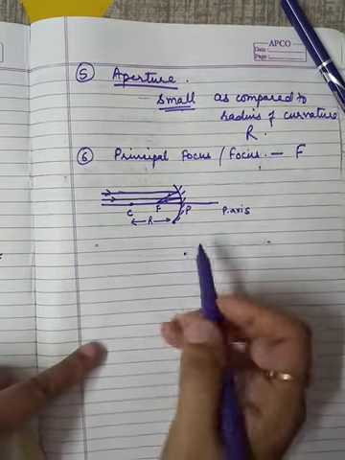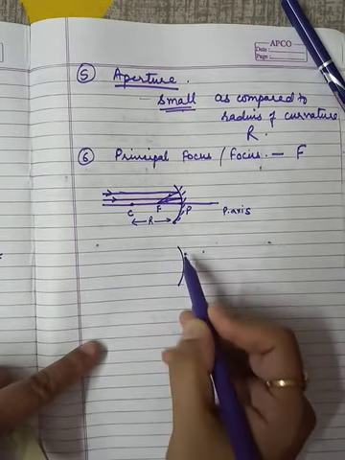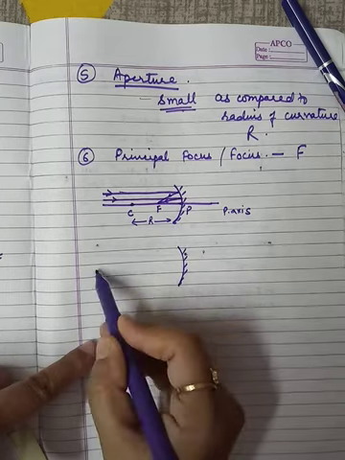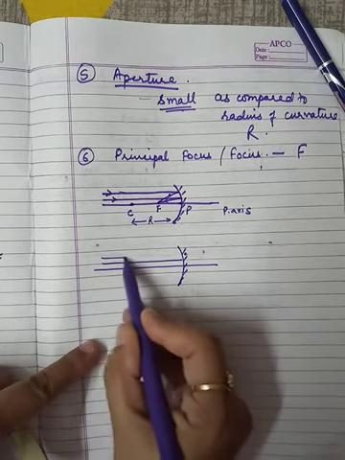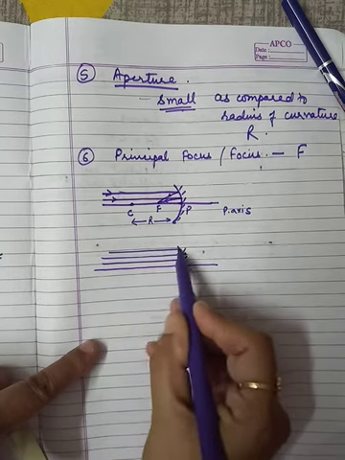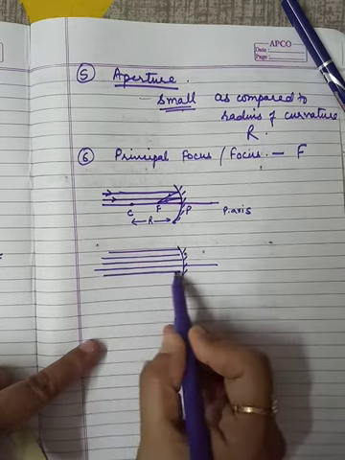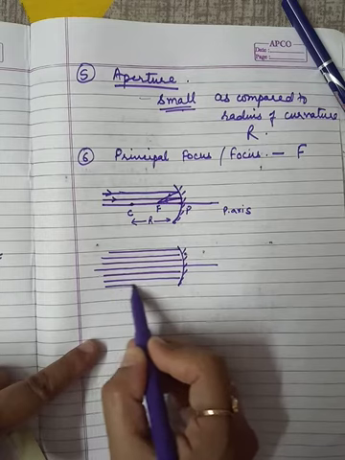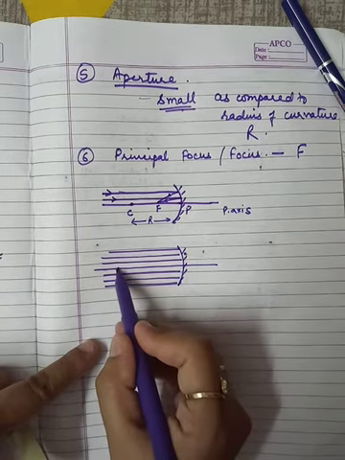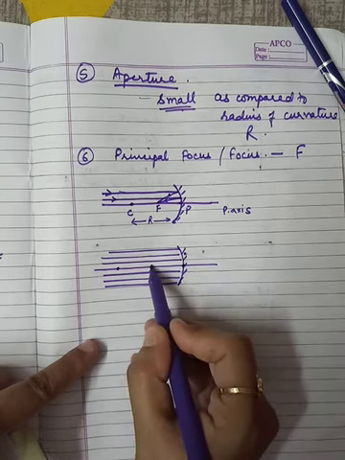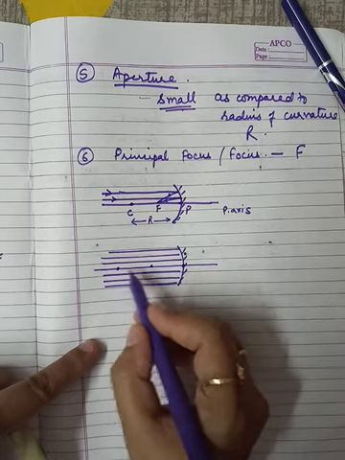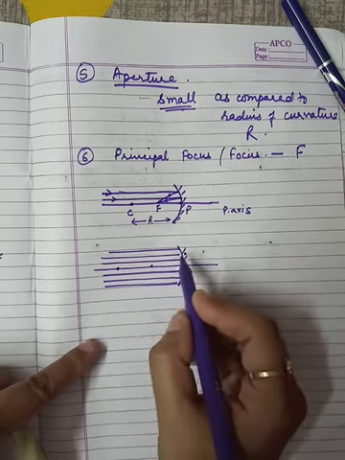If I have to draw more lines, I will draw them like this: three lines toward this side and three lines toward this side. This is the center of curvature, this is the pole, and the focus will be midway between the center of curvature and the pole.